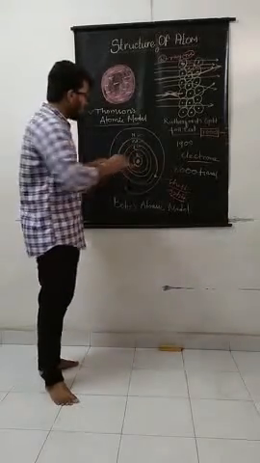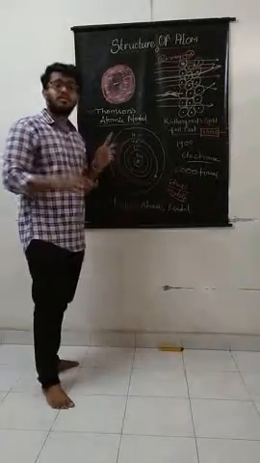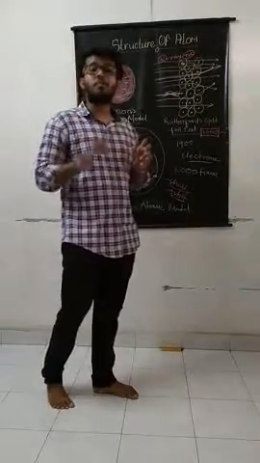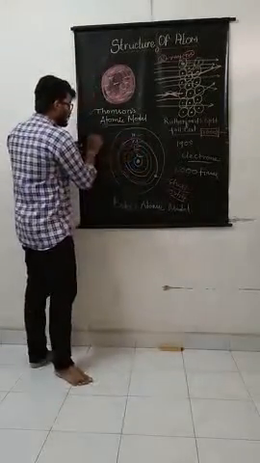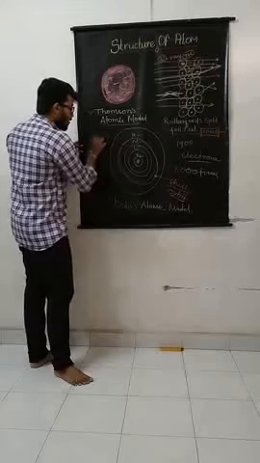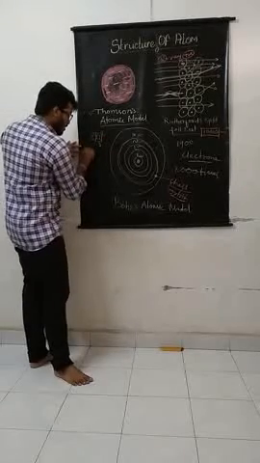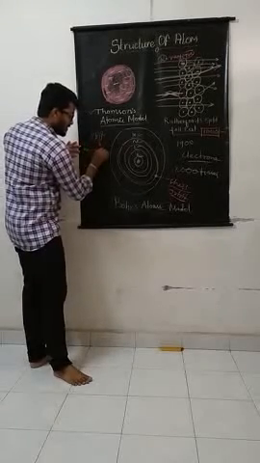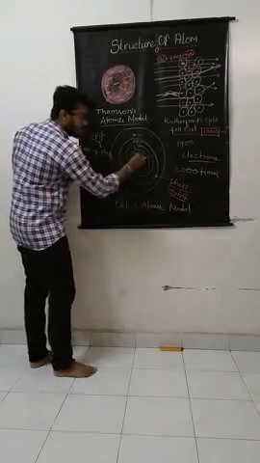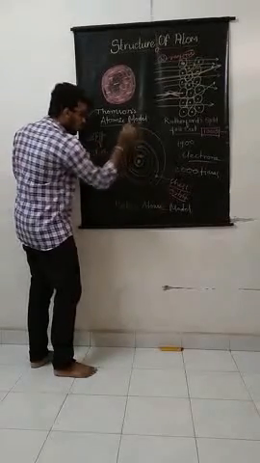For each shell, he proposed a formula, 2n squared, where n is the number of the shell. It means first shell, second shell, third or fourth.